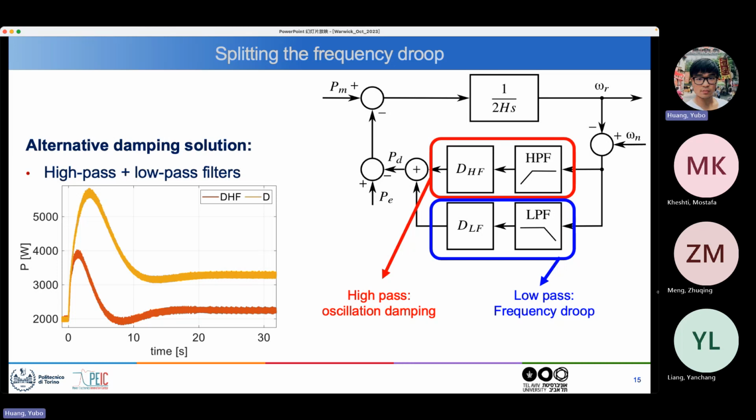The sum of these two would be 1. And then you multiply them with different loop constants. The high frequency part, we multiply it with a higher constant because that gives you stability, the damping. And the low frequency component, you multiply it with a lower constant because you don't want to demand too much power from your power source because you have a limit on how much power you can give in steady state.